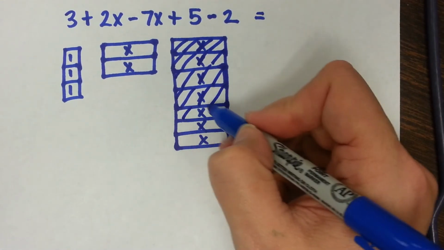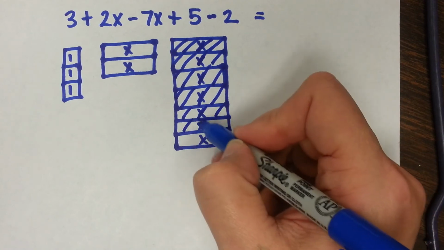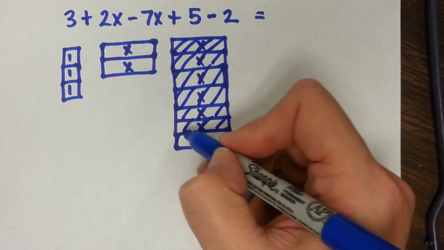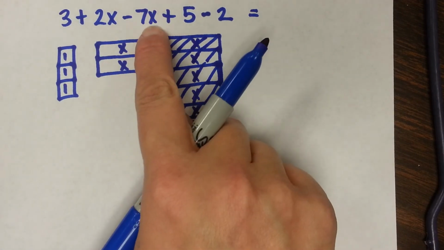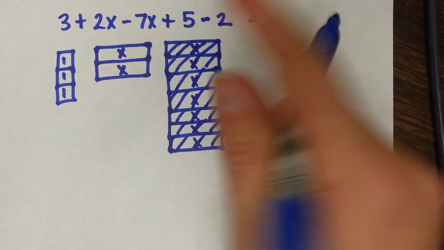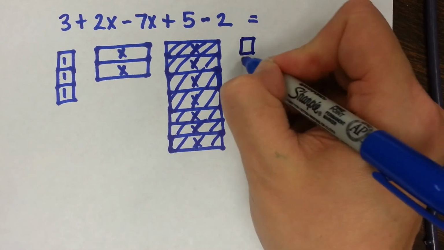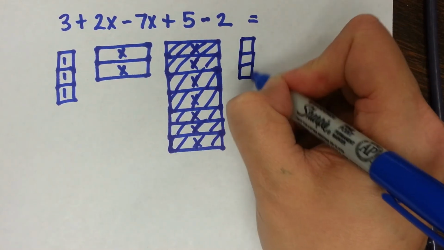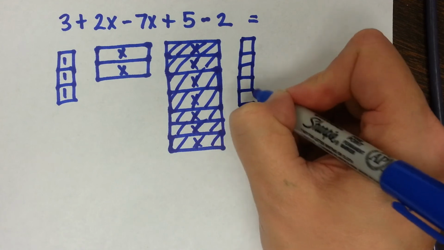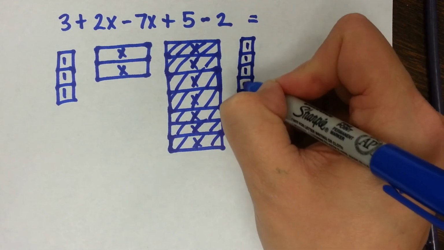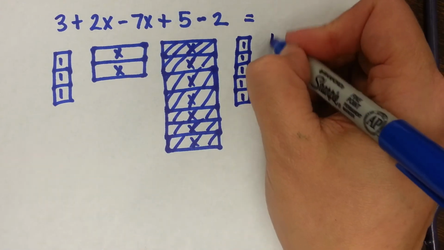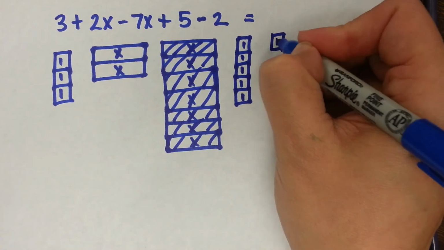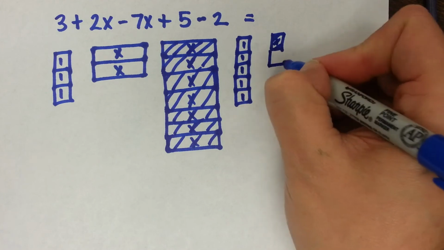I will shade them in because they're negative pieces. Something like that. So that takes care of our negative 7x plus 5. And then we have a negative 2. And we shade them in because they're negative.